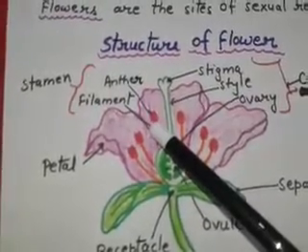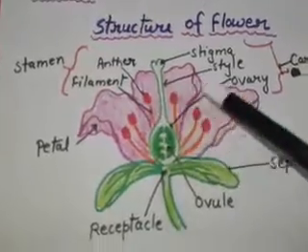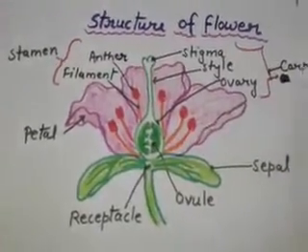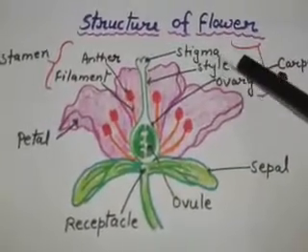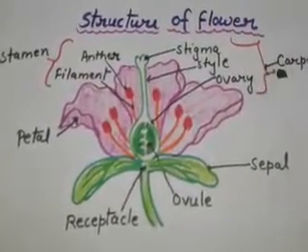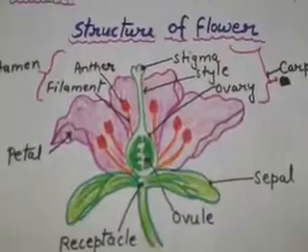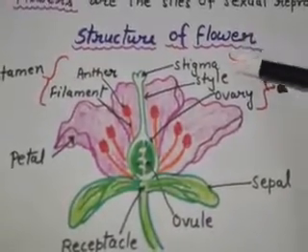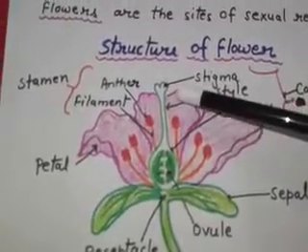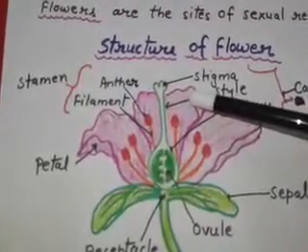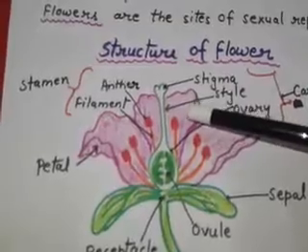Understand, all of you? Now next we have the female sex organ, that is carpel, which has three main parts: stigma, style and ovary, okay. Stigma is the sticky receptive tip of the pistil that is responsible for catching the pollen.